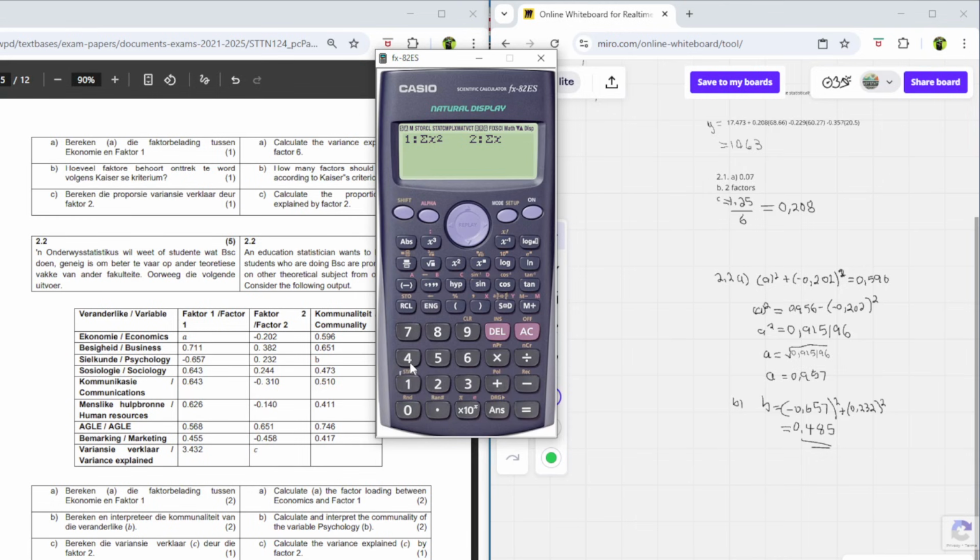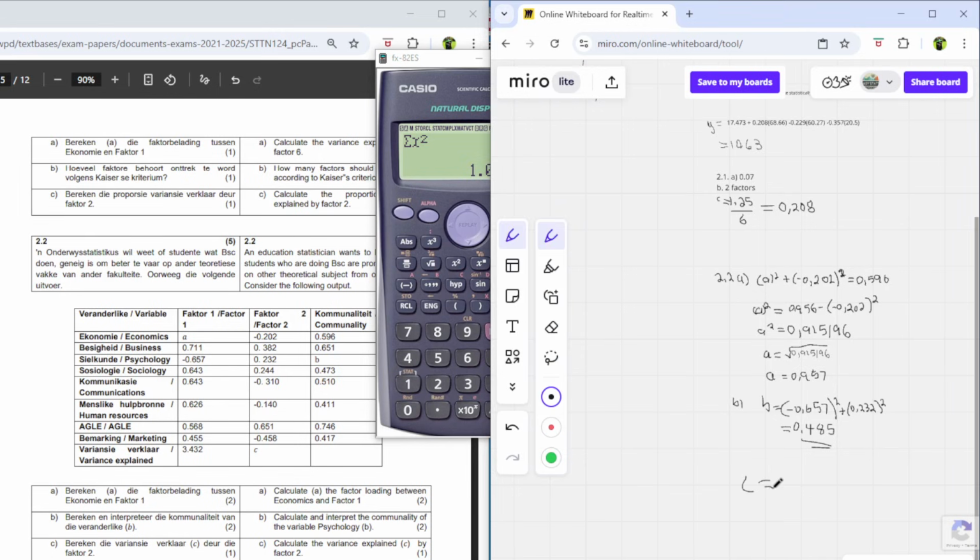And then we're looking for sum of x squared, so you press 1, then equal. So the answer is 1.049. The value of c is 1.049. So that's how we found it.